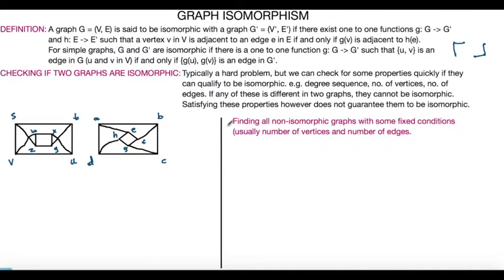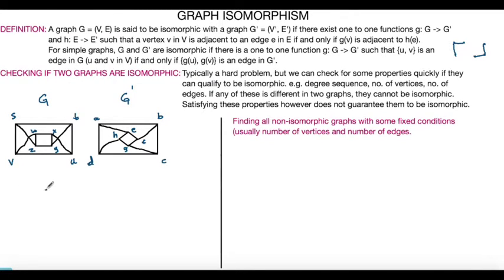Now let's go to an example. We have a graph here. This is, for example, G, and this is my G prime. Now, are they simple graphs? They are simple graphs, so I can just find a mapping from the set of vertices of G to the set of vertices of G prime.